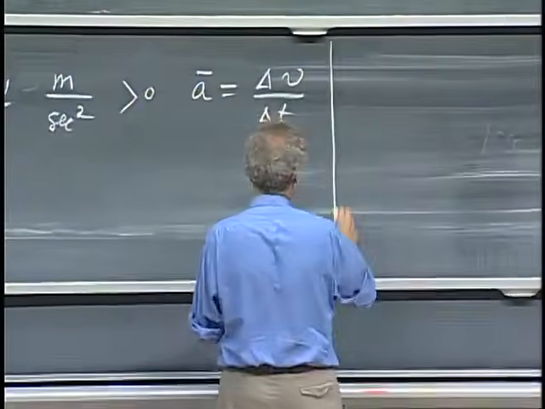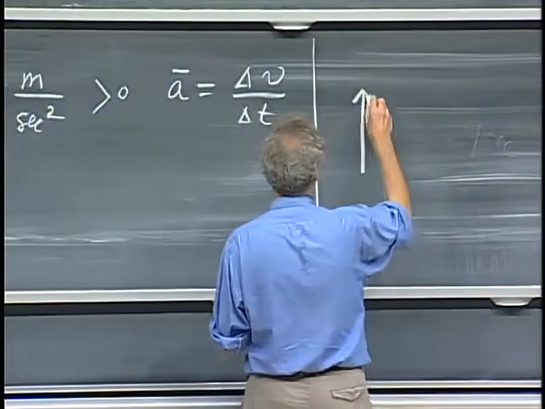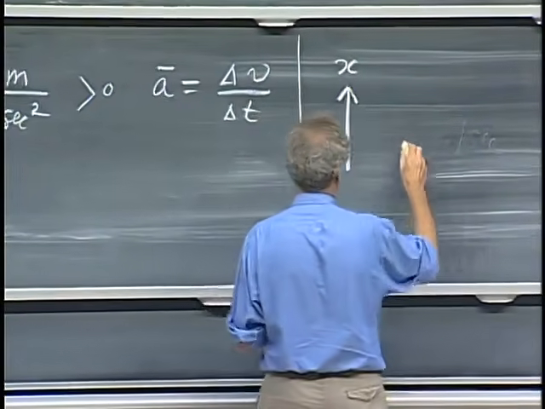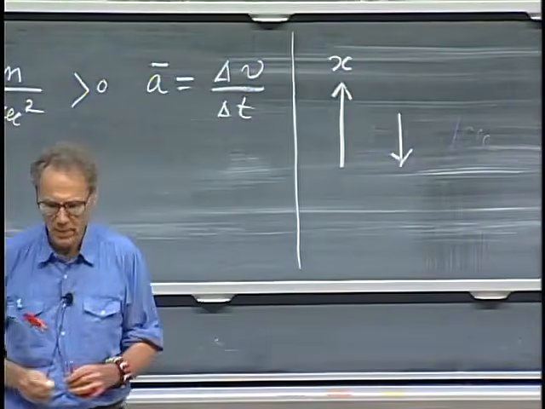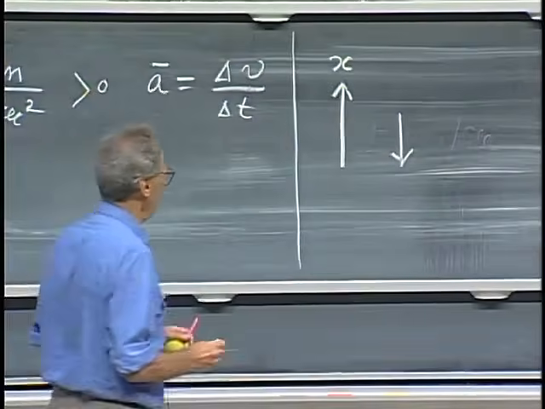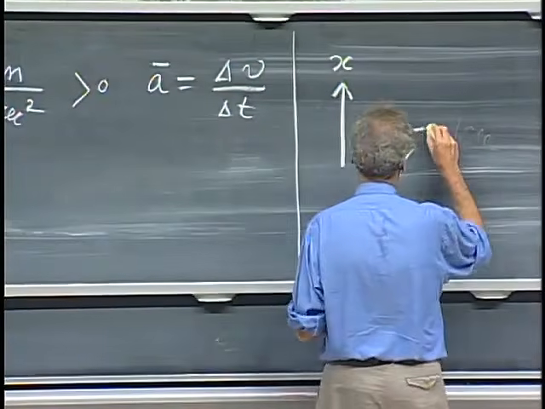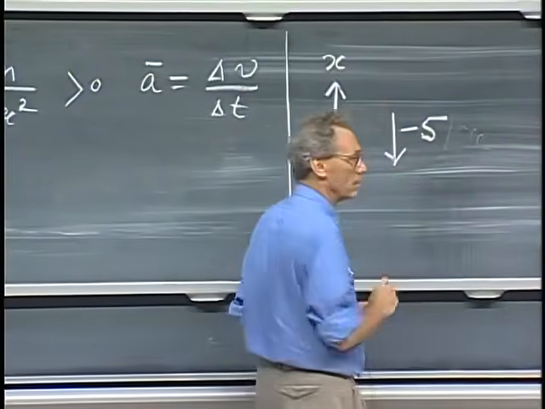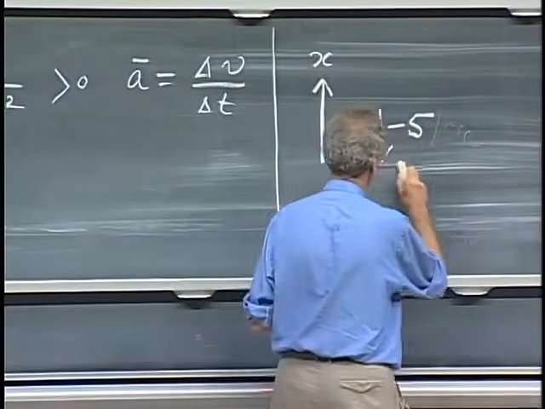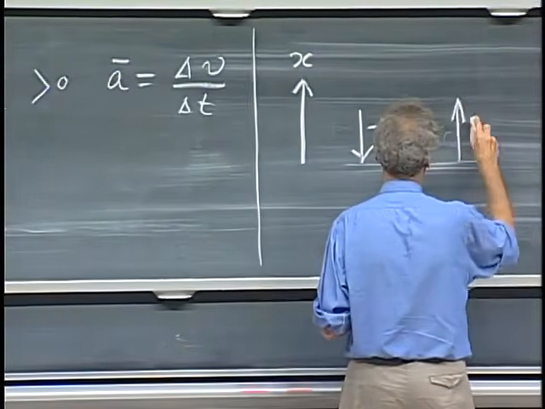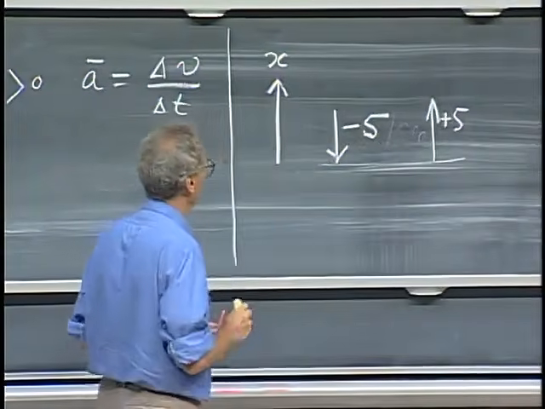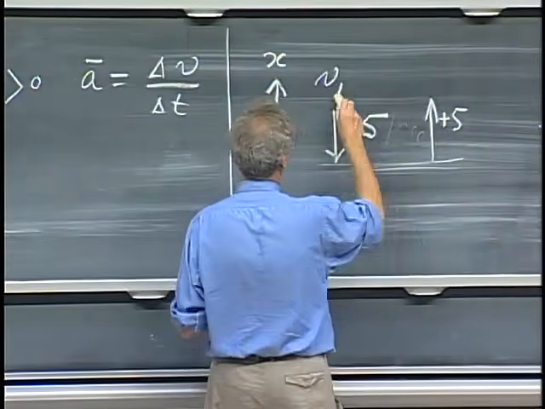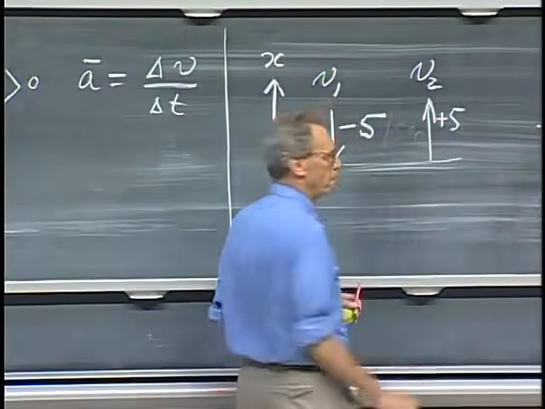I will choose this to be my increasing value of x, and so it hits the floor like this. That means the velocity at which it hits the floor is minus 5 meters per second. It bounces off, and there it comes, and it goes up with plus 5 meters per second.